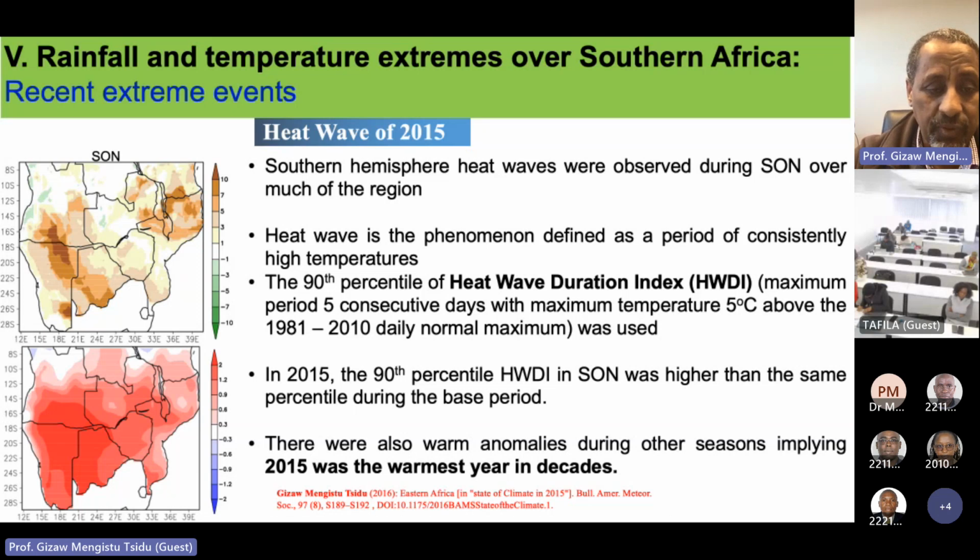At least for 5 consecutive days. It can be 5 degrees or more for 1 or 2 days, but in that case we cannot classify it as a heat wave. To be considered a heat wave, that maximum temperature, which is more than the normal maximum temperature of the reference period, should last at least 5 consecutive days.